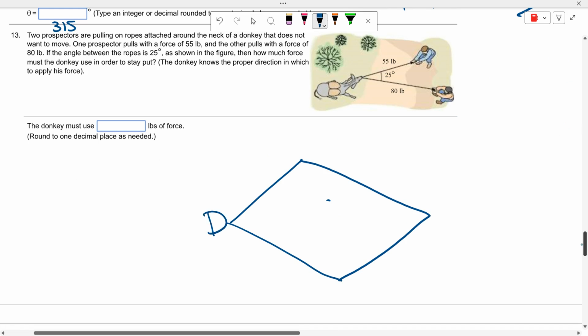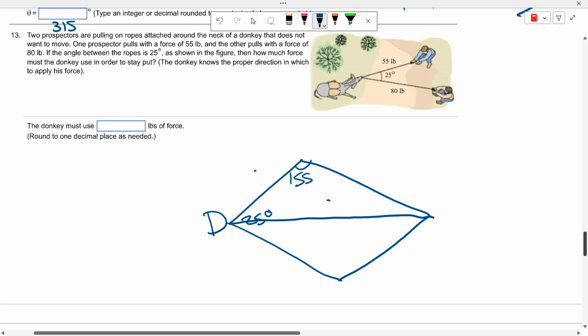So here's the donkey. If this is 25 degrees, what's this angle right here? 155. Then draw the ropes if they were in a straight line.